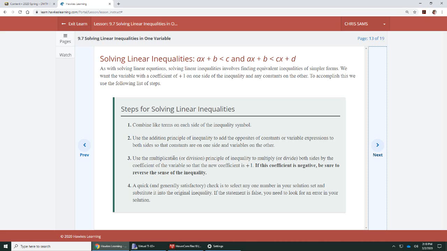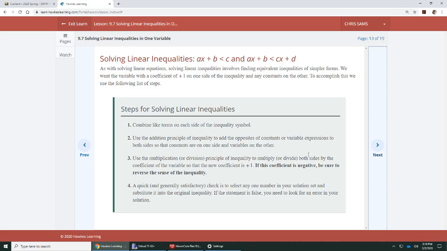After that, you actually do the multiplication, or they say division principle. So we will either multiply, which you can say multiply by the reciprocal, or divide both sides by that same coefficient, so that we can solve for that variable. So it says if the coefficient is negative, be sure to reverse the inequality sign. So this will be a good, handy thing to have written or have next to you when you're solving them.